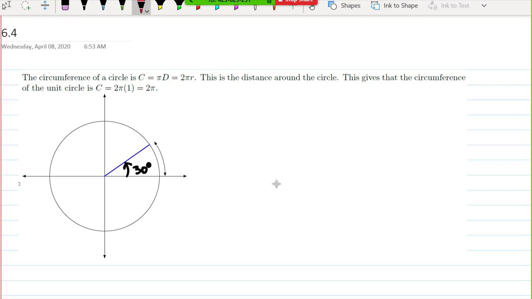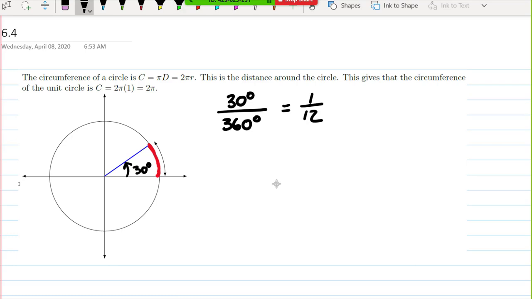So if I were to go from here to here on the circle, well, how far did I walk? Well, I know I went 30 degrees, and how many degrees are there in an entire circle? Well, we know there are 360 degrees. So then the part of the circle, or the proportion of the circle that I went around, would be 30 degrees over 360 degrees. And 30 goes into 360 12 times. So that means I went around 1/12 of the circle.